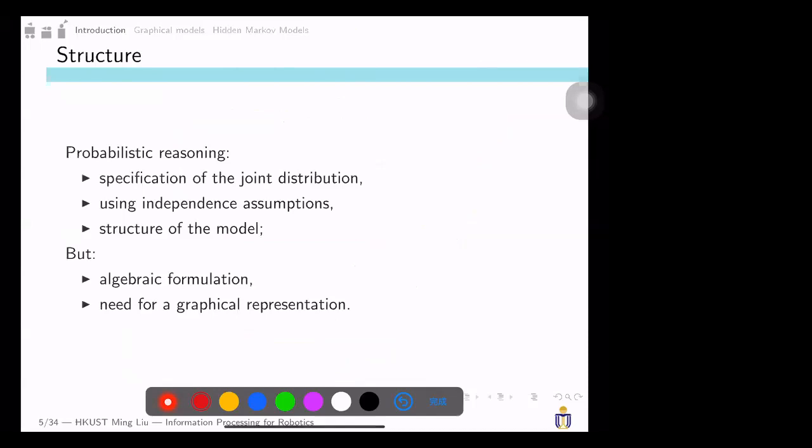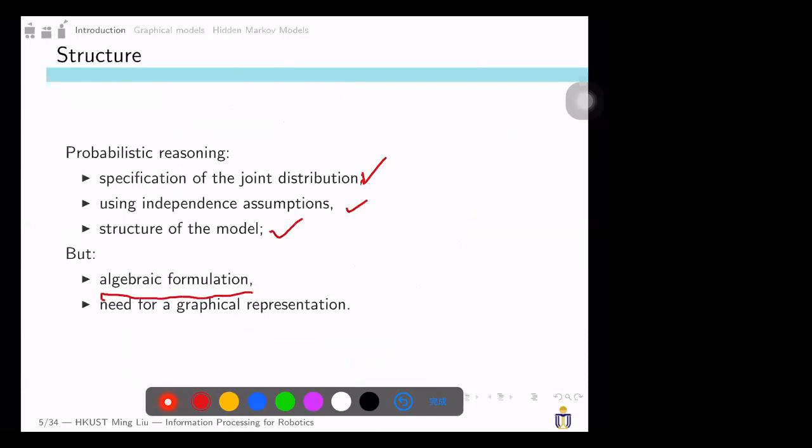That means we need a structural representation. Right? For the probabilistic reasoning, we want all this joint distribution. We want to use the independence assumption. We want to intuitively see the structure. Besides that, also we respect the algebraic formulation.